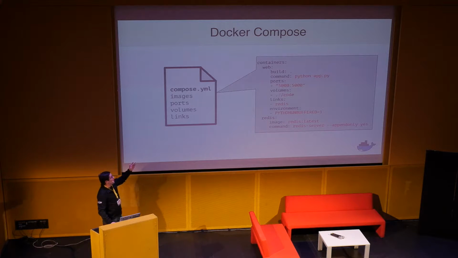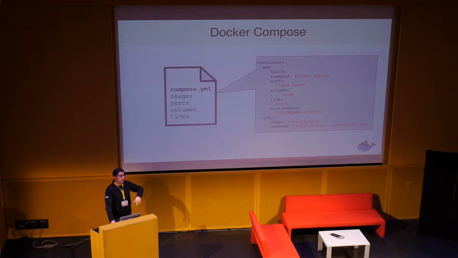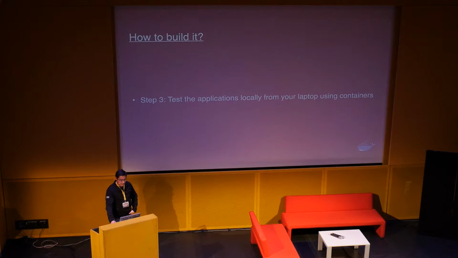For example, here we have a containers service, and we have the web service and the Redis service, and you can connect them together by using links or by using a swarm. So by having this file that describes your whole application, you can spin up your development environment with one command. I'm going to show you how it works at the end.